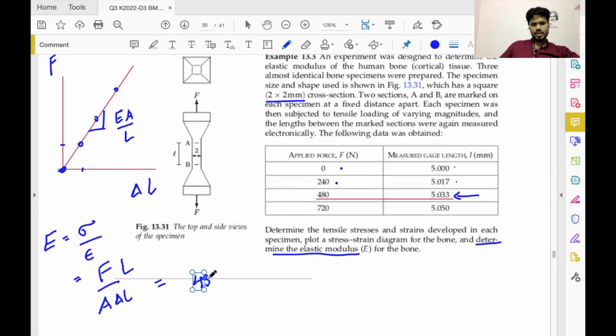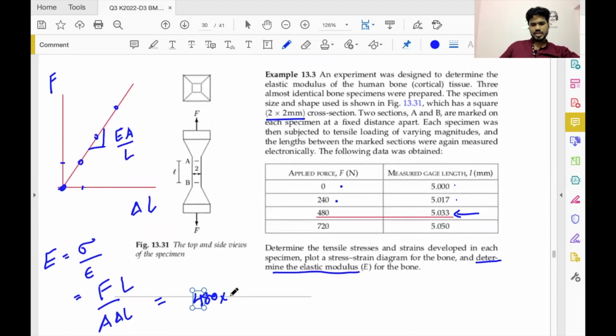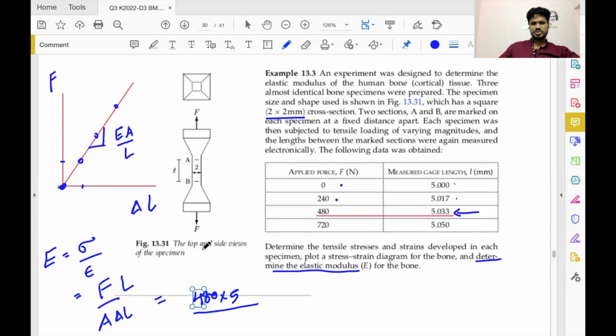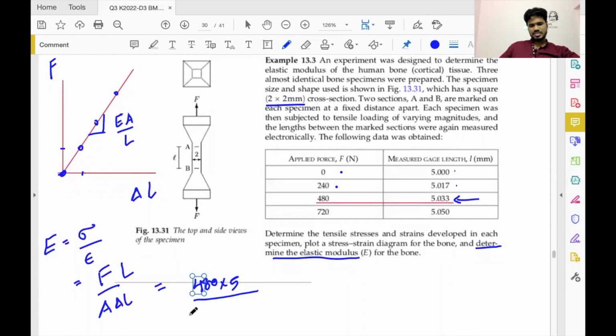So we have 480 into length, which is 5 mm initially. There is a delta L, so let's keep this in mm. Delta L in mm should be fine, they should get cancelled. Area, let's convert that into 2 square, so 2 square into 10 power minus 3 square, 10 power minus 6 meters.